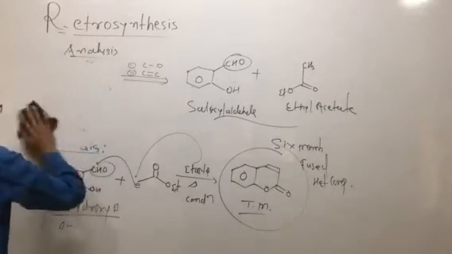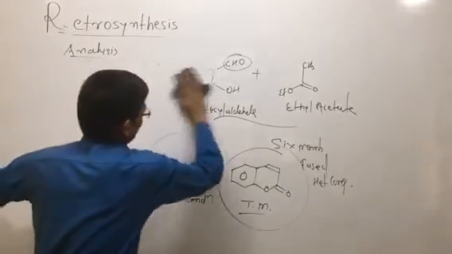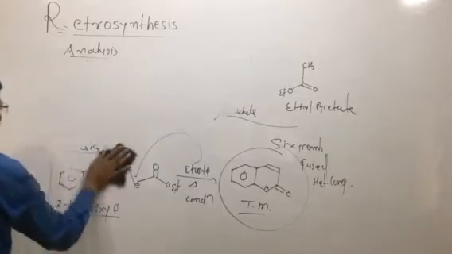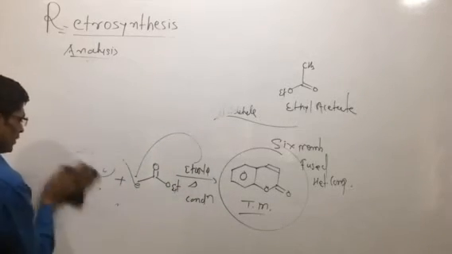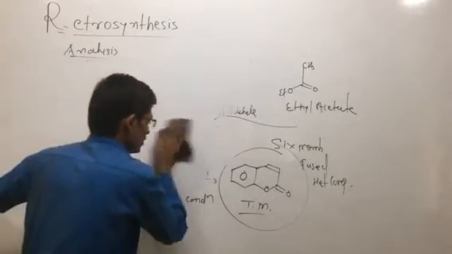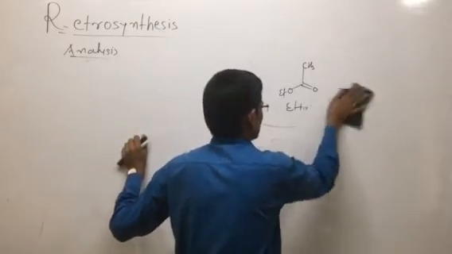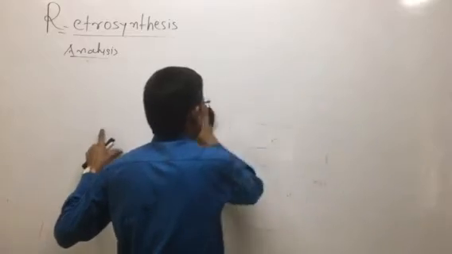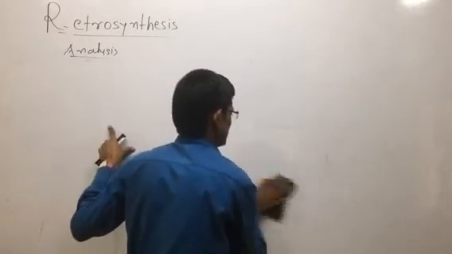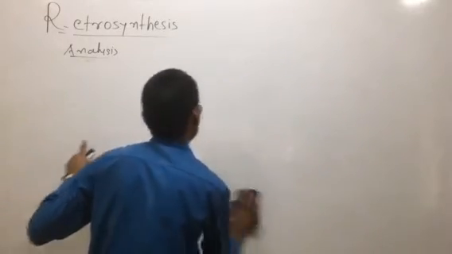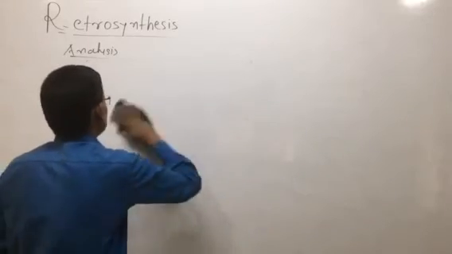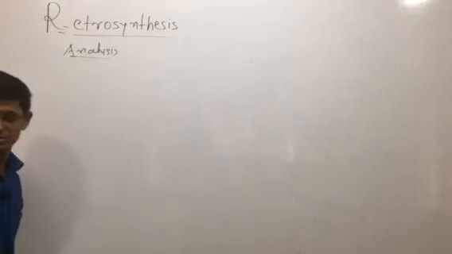In another example we will take a nitrogen-containing fused heterocyclic compound, for example indole and quinoline. Here we are going to do disconnections: one time two disconnections, the CO disconnection, and the CN disconnection as well, depending upon the basic reactants and reagents.